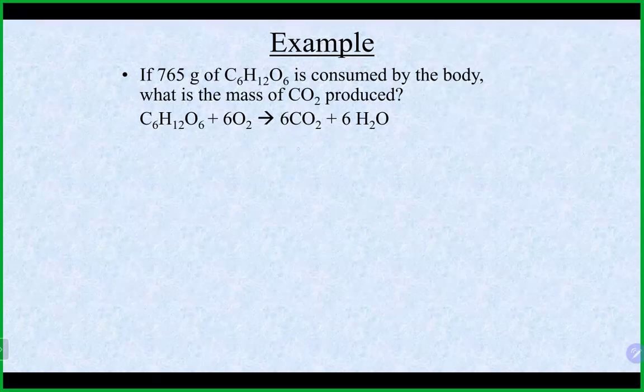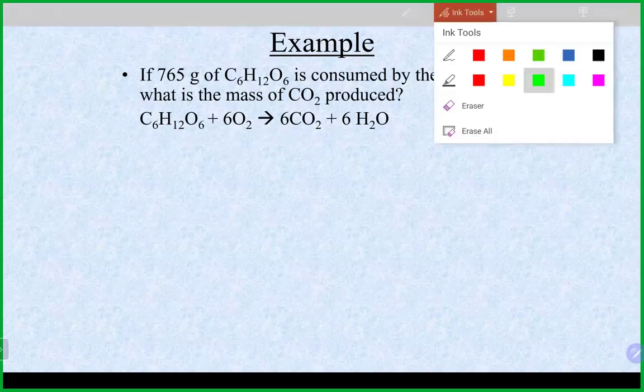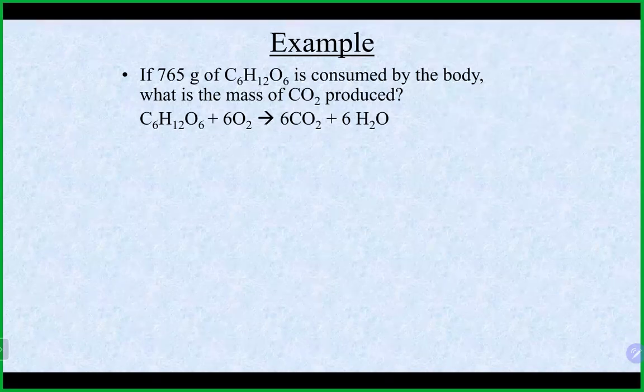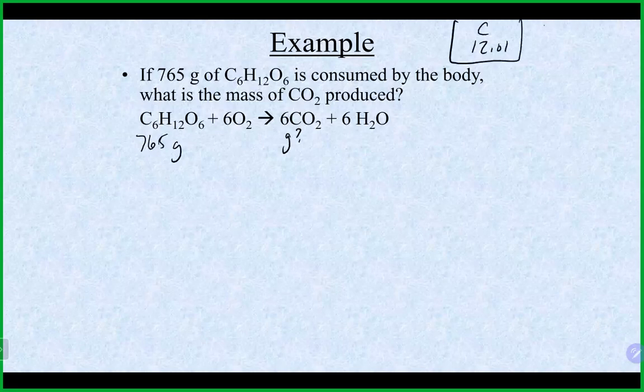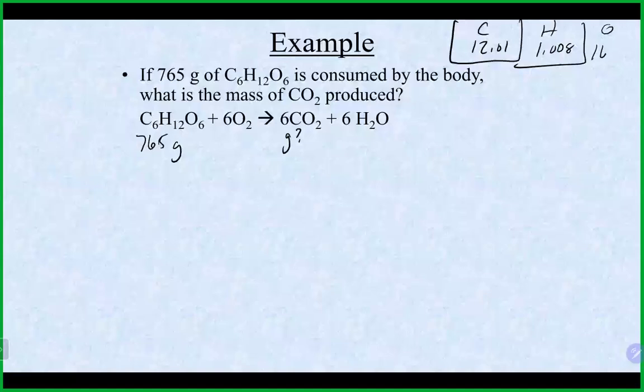Let me give you some numbers that might be helpful from the periodic table. We're looking for grams of CO2, and we're starting with 765 of this guy. Carbon 12.01, hydrogen 1.008, and oxygen 16. All right, so again, follow those same 4 steps, see what you come up with.